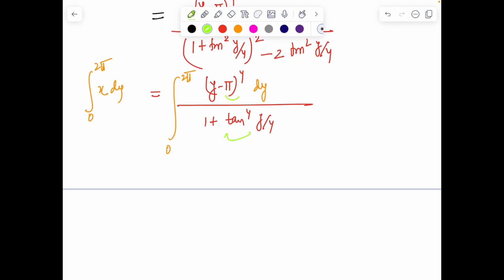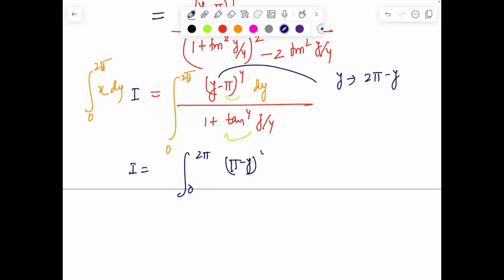Now how will this integration be done? Clearly we can see again we have one Indian species and one Chinese species. So the best rule that you can be reminded of is the King's rule, to kick out one species from the picture, and let's call this I as this integration. So using King's rule, I can replace y with a plus b minus y, so y is replaced with 2 pi minus y.